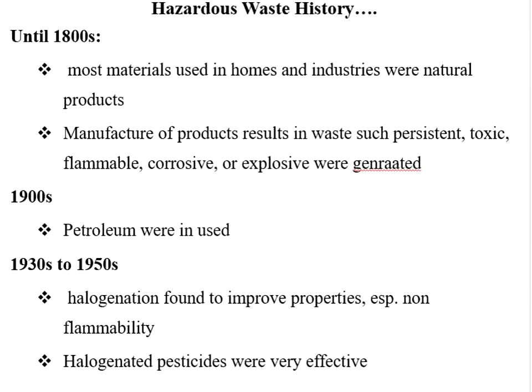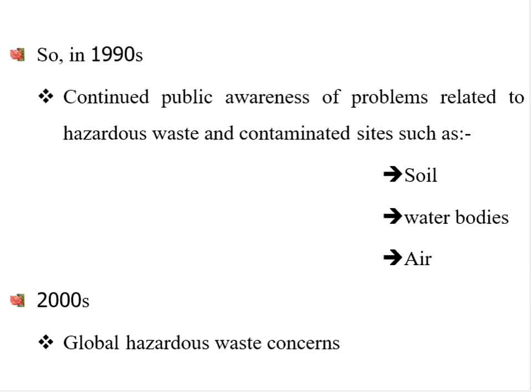From the 1930s to the 1950s, halogenation provided improved properties, especially being non-flammable. Halogenated pesticides were very effective. In the 1990s, public awareness continued of problems related to hazardous waste contaminating soil, water, air, food, and so on. Around 2000, global hazardous waste concerns developed.